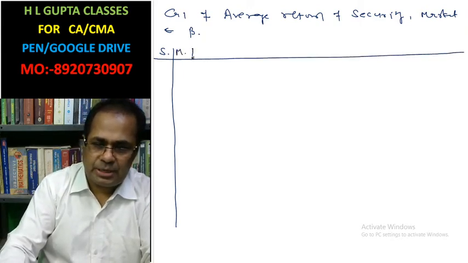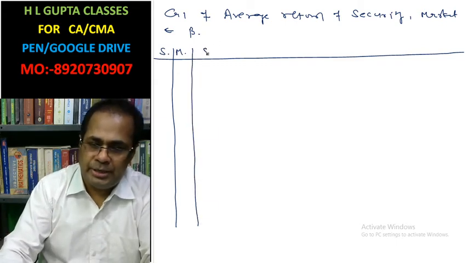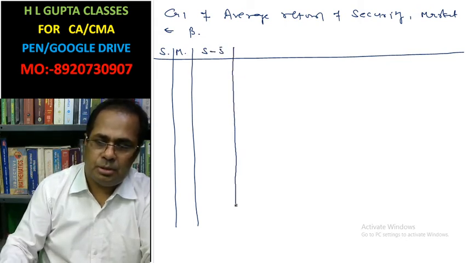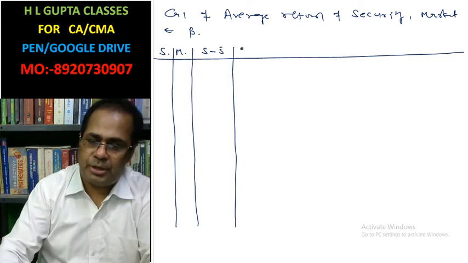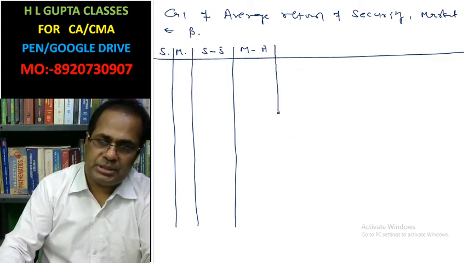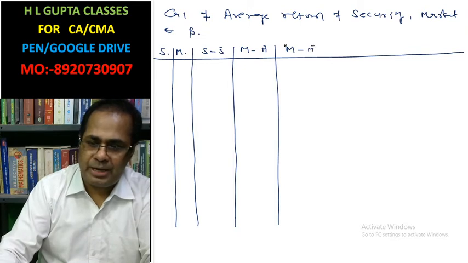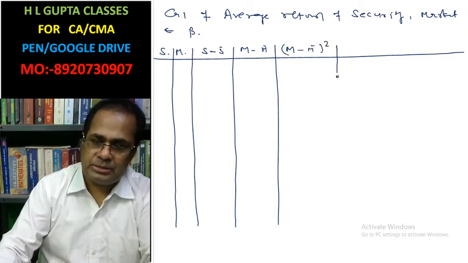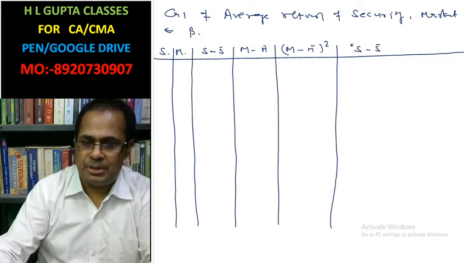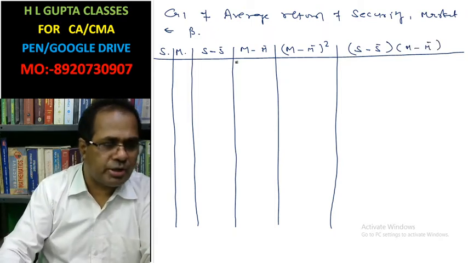MI represents market. Now here SI minus S bar, S bar represents the mean, the average return of security. MI minus M bar represents the deviation of market. Now (MI minus M bar) squared is for the standard deviation of market. Now S minus S bar, M minus M bar.